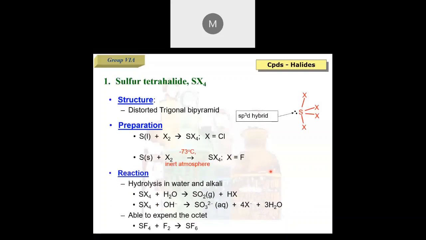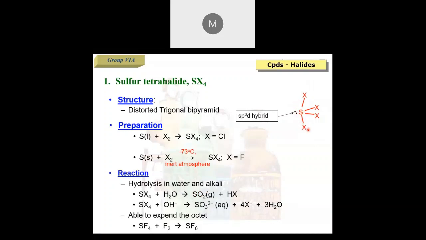Next, we have the sulfur tetrahalide. It forms a distorted trigonal bipyramid. Here you can see it is a trigonal bipyramid, which includes the lone pair of electrons.